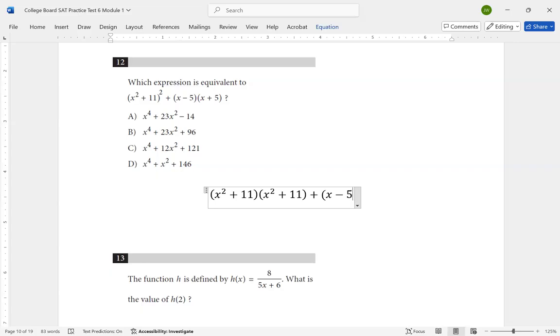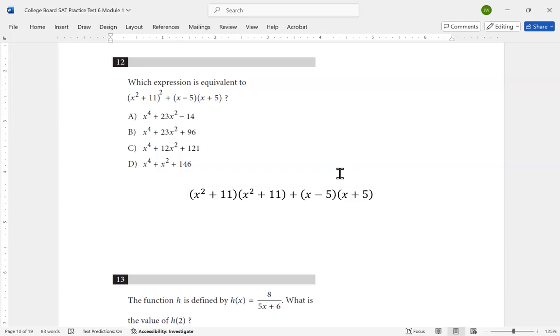Now, in order to do that, x squared plus 11 needs to be written as x squared plus 11 times another copy of x squared plus 11. If we do that, then we can see this is binomial multiplication. X squared times x squared is x raised to the fourth power.